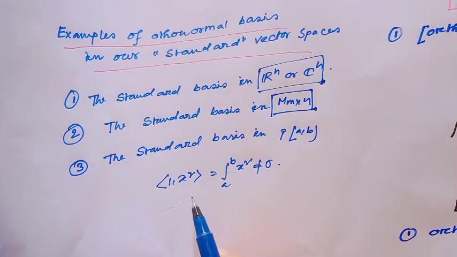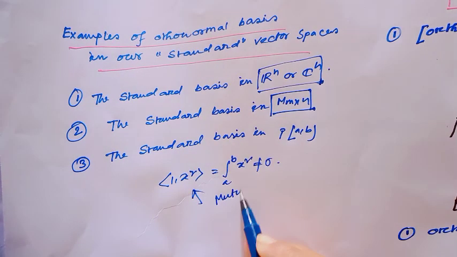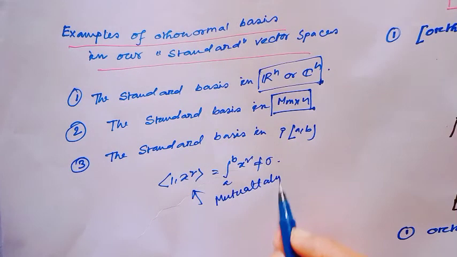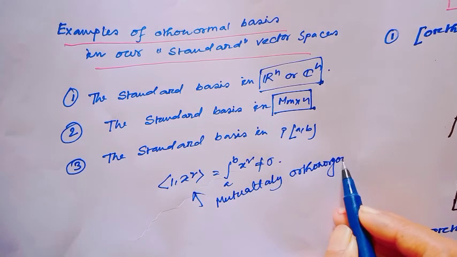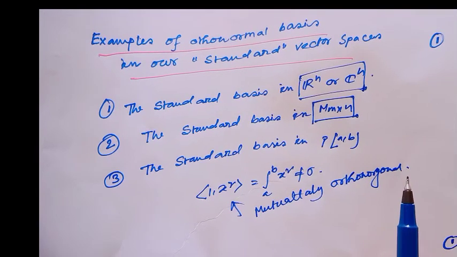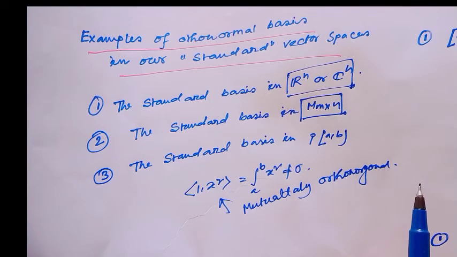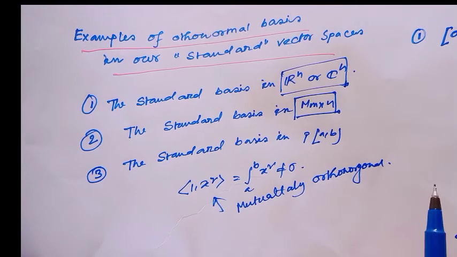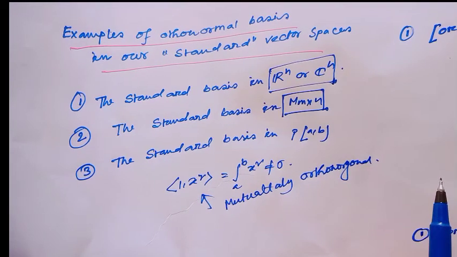That means actually these basis elements are not mutually orthogonal. That means a standard basis does not always imply the elements are mutually orthogonal. Are you getting what is an orthogonal basis and what is an orthonormal basis?